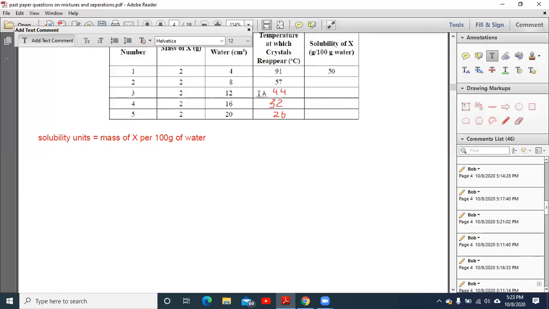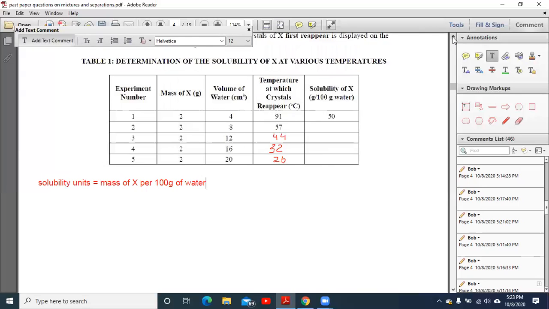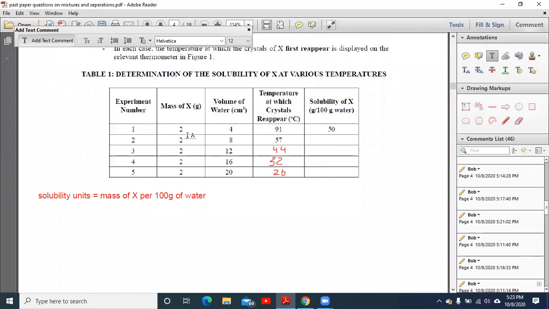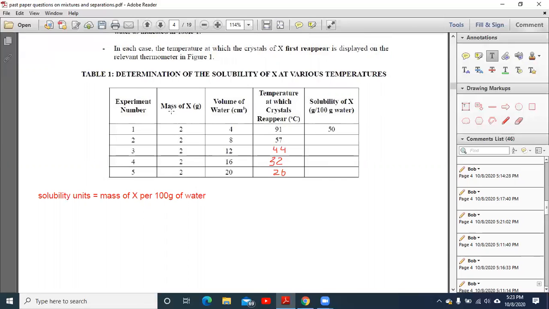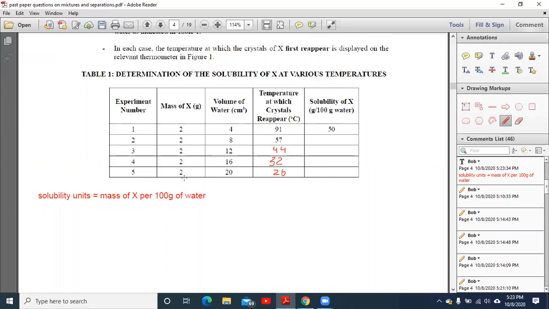So the information that we have to do this is using the mass of X that they have here. They use the same mass of X each time. But this mass of X that they have in this table for each experiment is per a different amount of water. It's not per 100 grams of water.